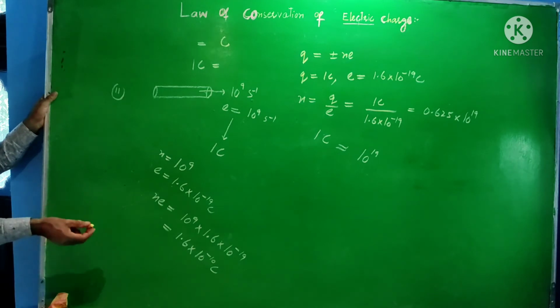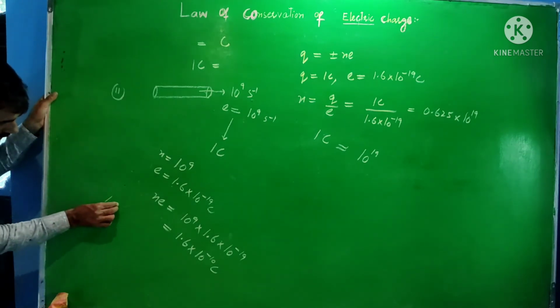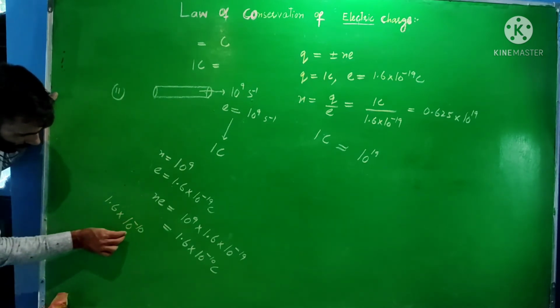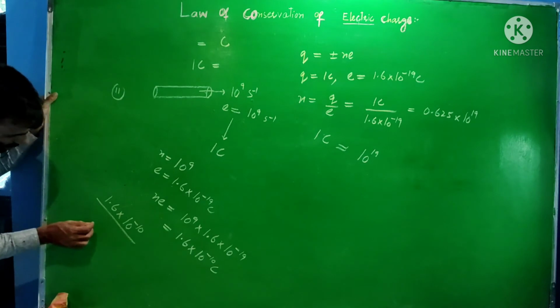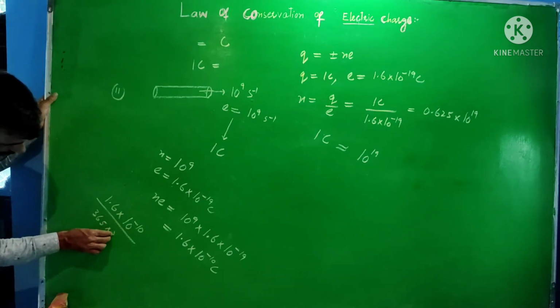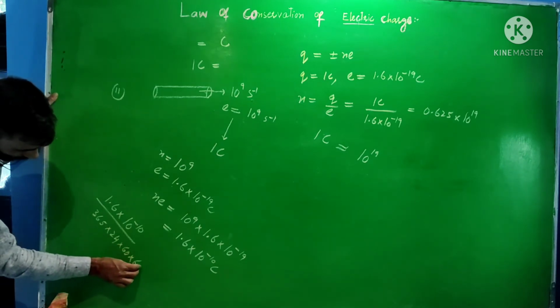Now we will convert this into years. For example, this 1.6 into 10 raised to power minus 10 coulomb. After that, 365, then 24 hours, then 60 minutes into 60 seconds.